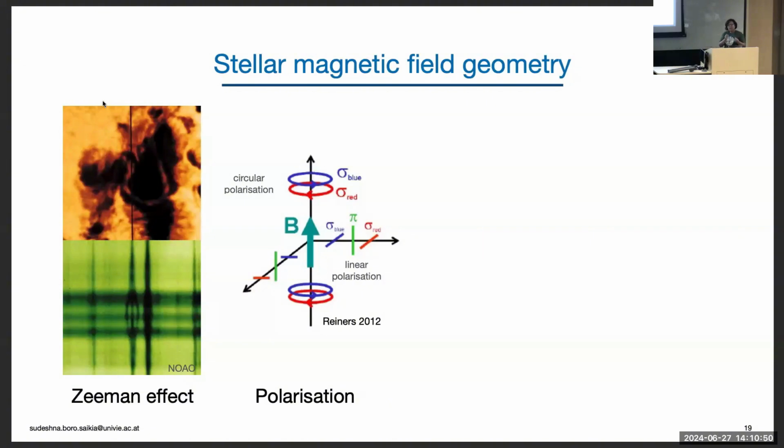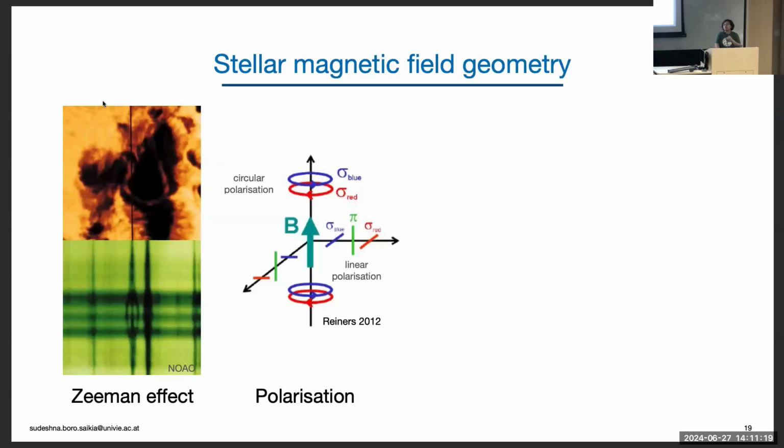As Ansgar Reiners talked about today, we have the Zeeman effect, and when we see a Zeeman component in a spectral line, we know that it undergoes polarization states. These polarization states depend on the orientation of your magnetic field. What you see here in this cartoon is that if you have a magnetic field aligned along the line of sight, then we expect to see circular polarization.